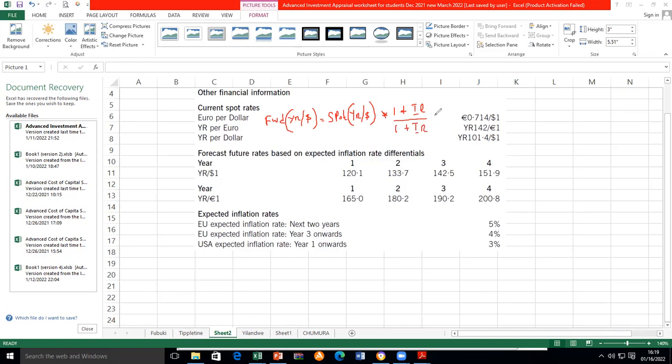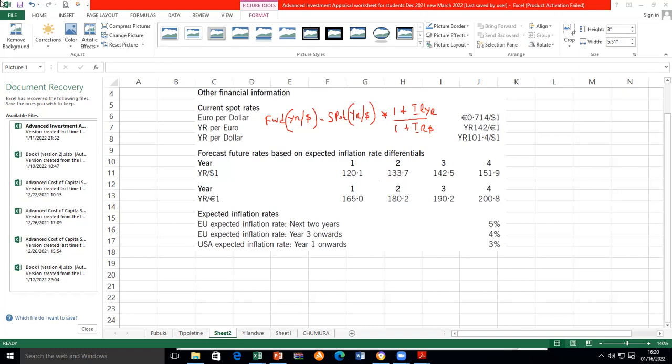Now, what inflation rate goes here? Which one will go on top? Which one will go down? Basically, that's your formula. To find the forward rate, you start from the spot rate.